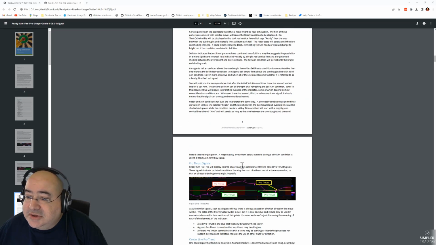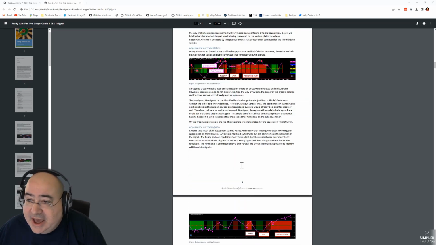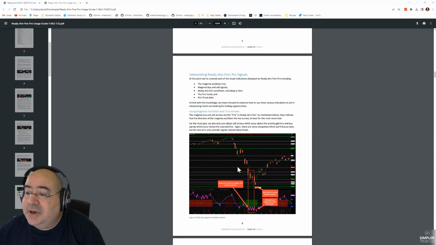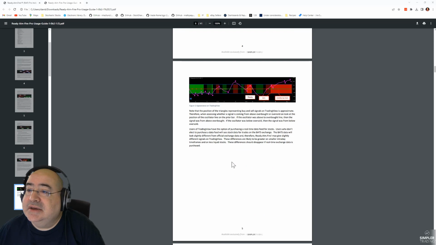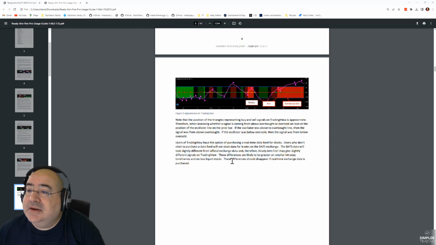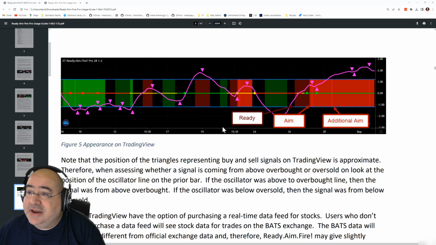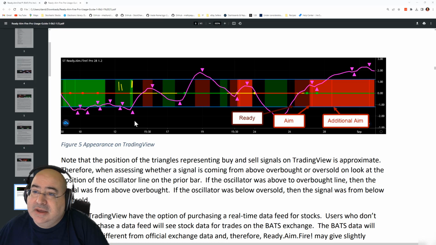I don't have TradingView up right now, Travis. But let's see. This right here is how it looks on TradingView. So very, very similar. The same transitions from ready to aim, dark green and then bright green.